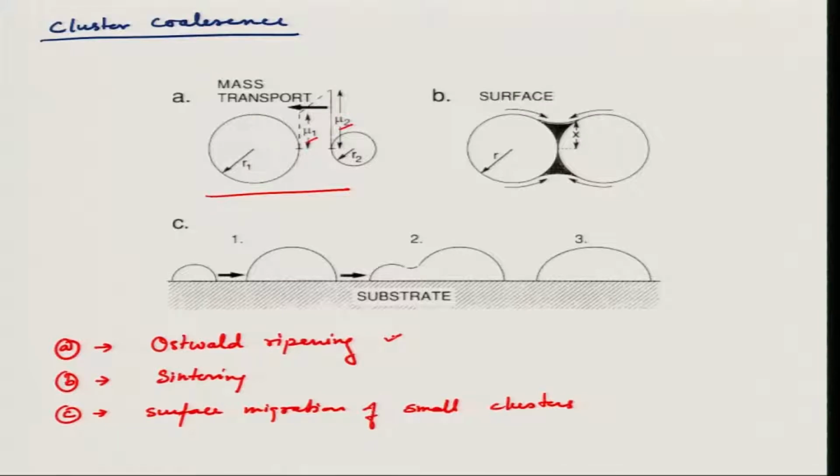That is one part. The second process is sintering. If two nuclei of similar size join each other, they will form a neck in between, and the shape of the neck is concave and the rest is convex.